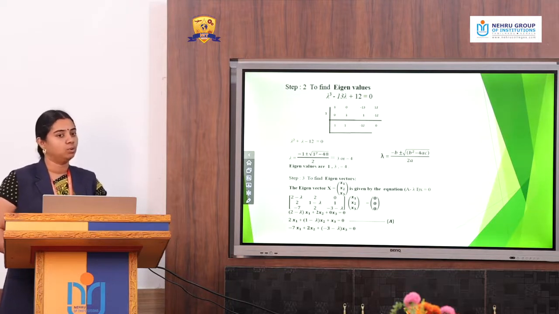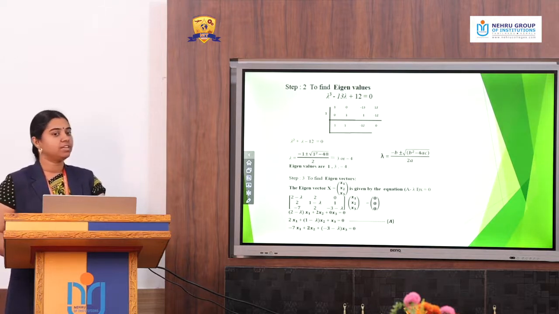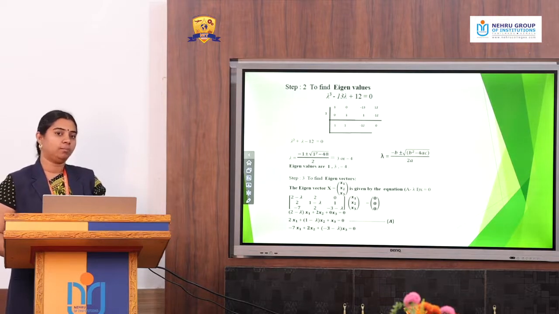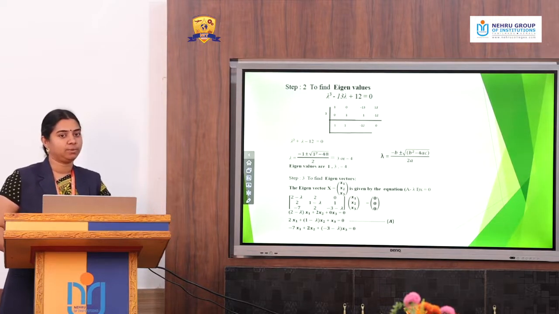So step 1 is over. Next we find the eigenvalues. In the characteristic equation, the lambda values we find are called eigenvalues. We find them with the help of the synthetic division procedure, because a quadratic equation can be solved by the formula, but this is a cubic equation.